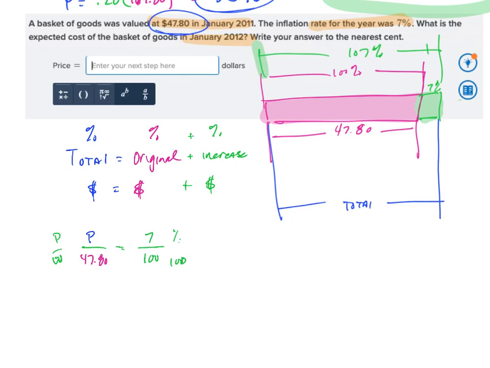Okay, so to solve for this, I can use cross products, or I could solve for P by multiplying both sides by 47.80.